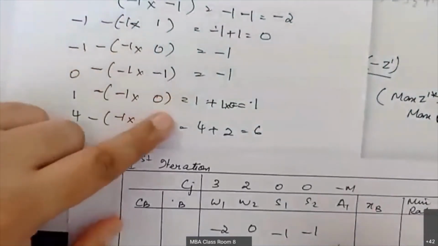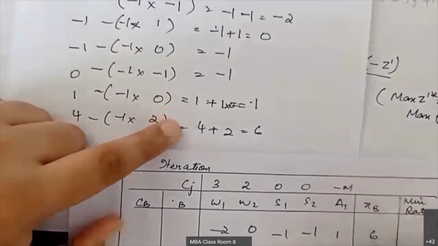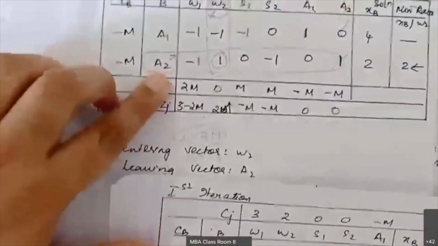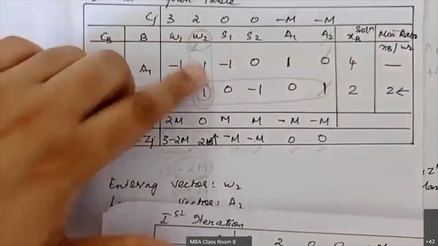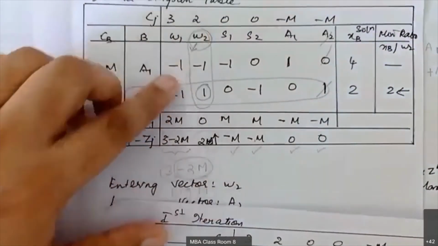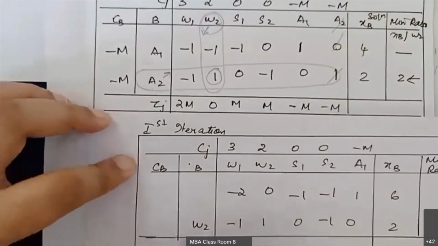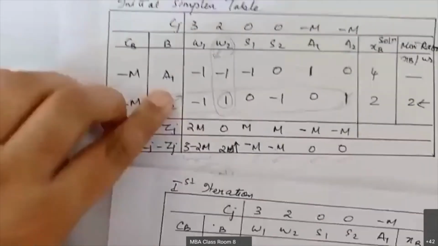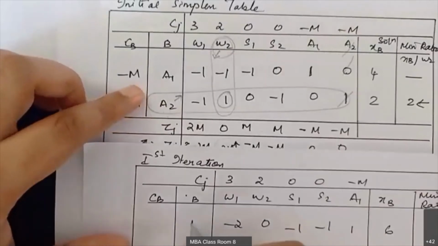Here I have 1 and 6. Now, in our previous table, A2 is the leaving variable and W2 is the entering variable. W2 has a coefficient of 2, so I'll write over here W2 coefficient 2. A1 and -M will remain the same.